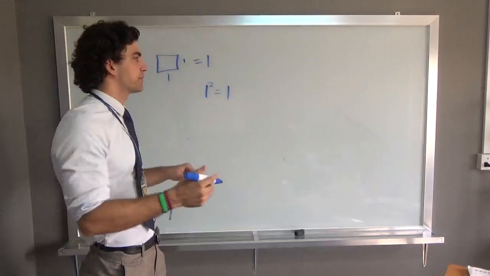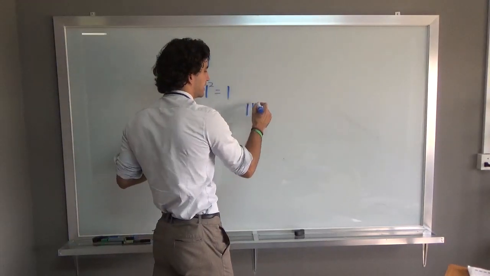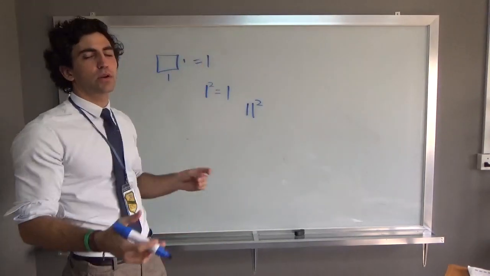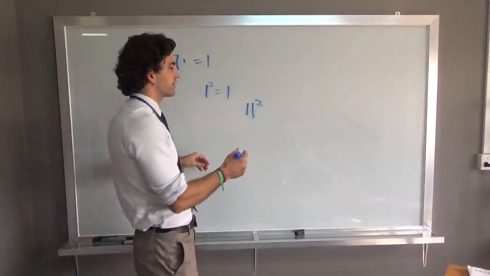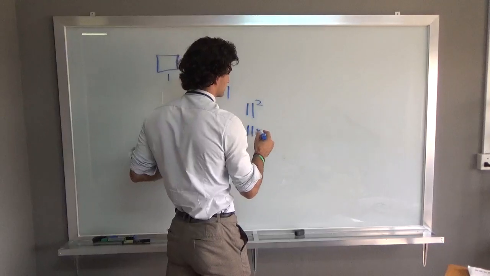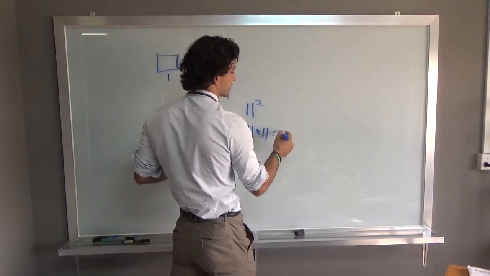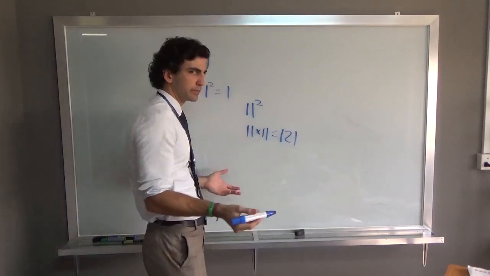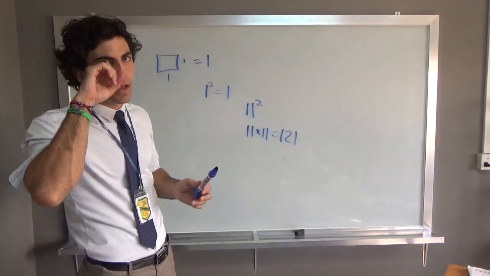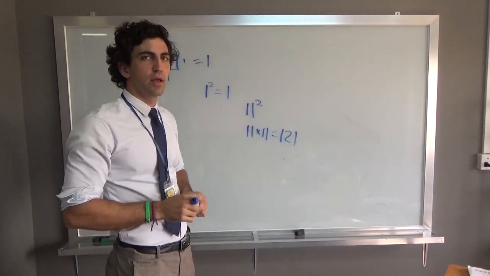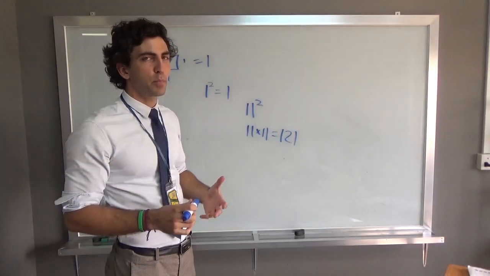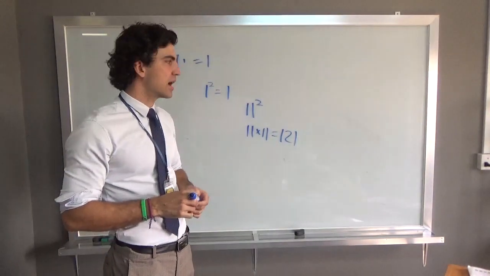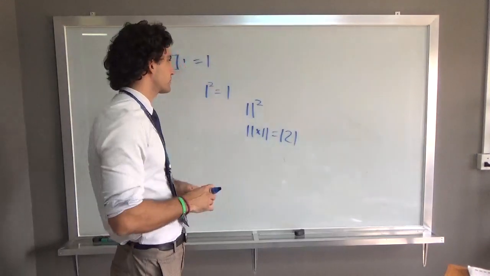Anything, so if you were to see 11 to the power of 2, we could also say it's 11 squared, which means 11 times 11, which would be equal to 121. A lot of you know how to multiply a number by itself, but now we're getting into this area of understanding that some numbers are special because they are square numbers.